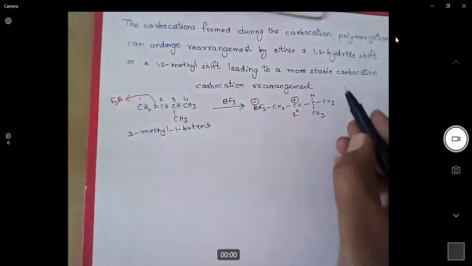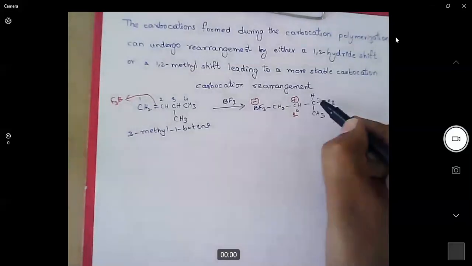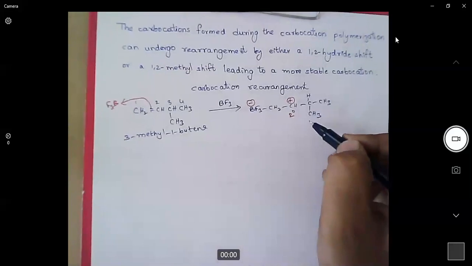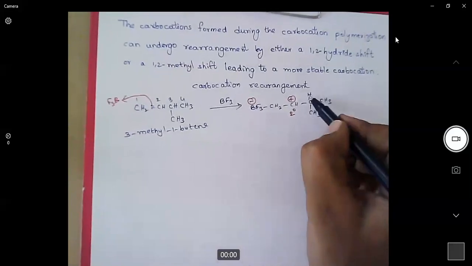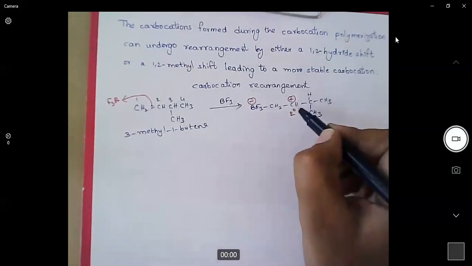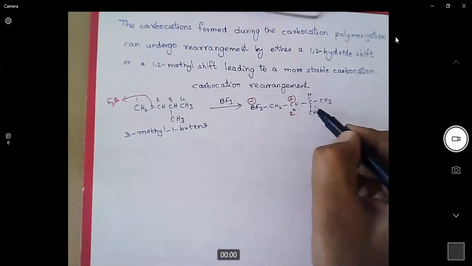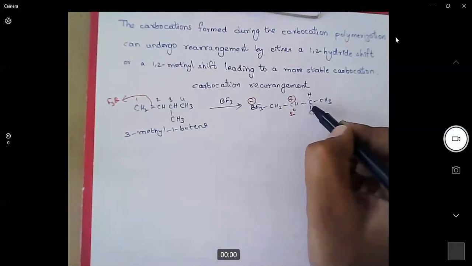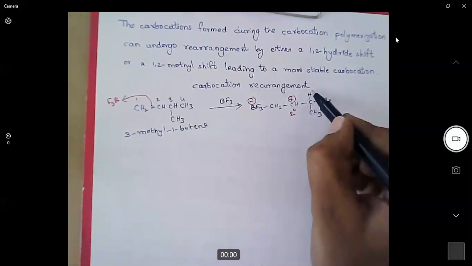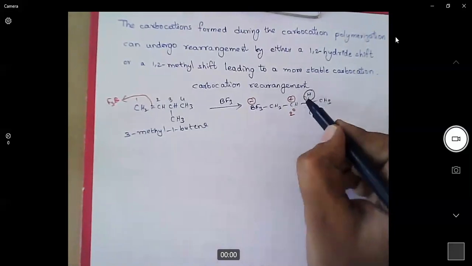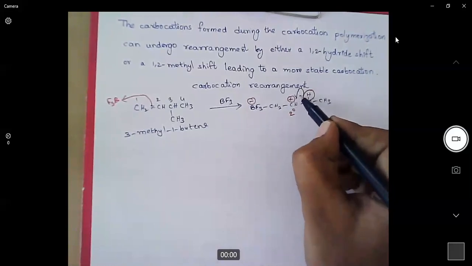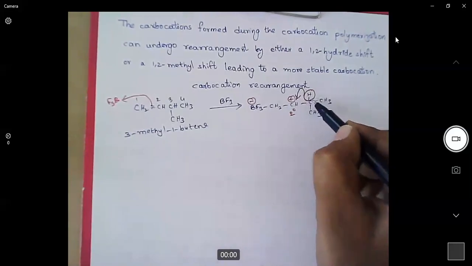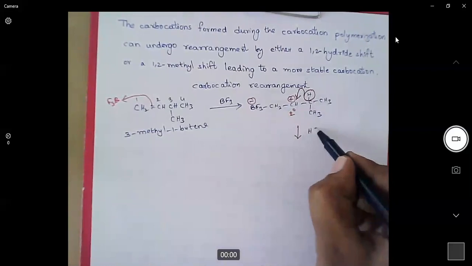But look, on the next carbon, we have a hydrogen and a methyl. So if this hydrogen can migrate to this carbon, then a carbocation will be generated here. So this is a tertiary carbocation. That means we migrate this hydrogen along with the bonding electrons, that means H minus transfer.